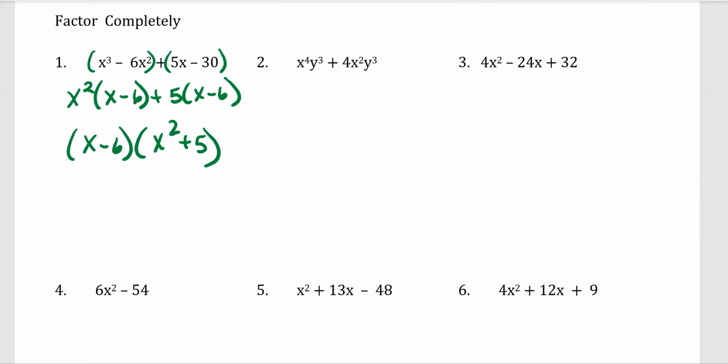Number 2, they share a common variable of x. Take out the one with the smallest exponent. X squared plus 4 is a sum of perfect squares and will not factor anymore.